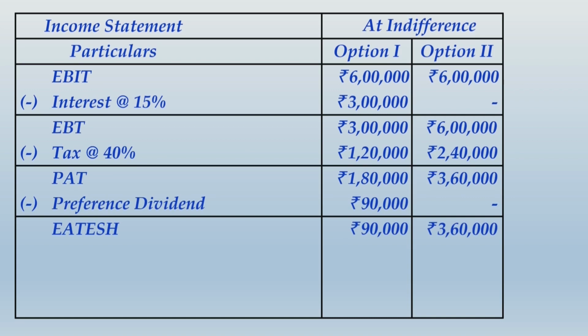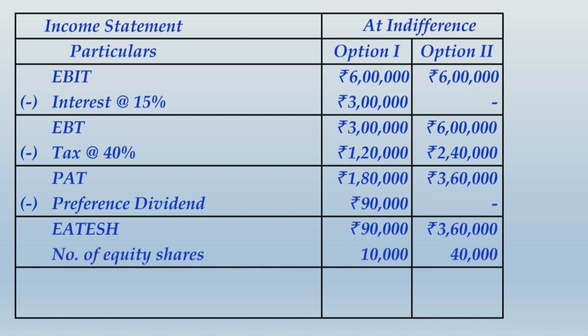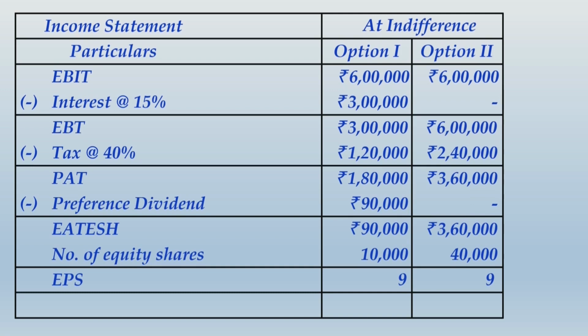However, the number of equity shares are also different under the two options, 10,000 shares and 40,000 shares. If you try to calculate EPS, you check and see, you will be getting exactly same EPS.